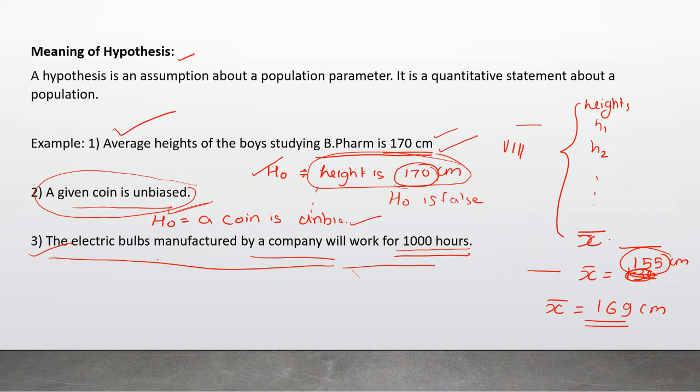Similarly, I will put that my H naught is the bulbs work for 1000 hours. I will assume that they really work for 1000 hours, and then proceed further. If I find out they work only for 750 hours, then I will say that my H naught, or my assumption, or my null hypothesis, was false.